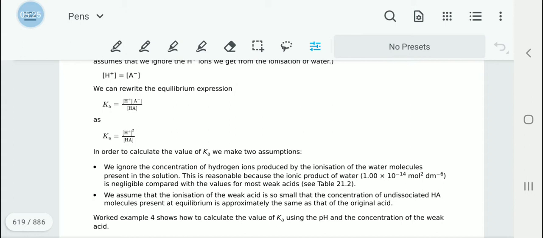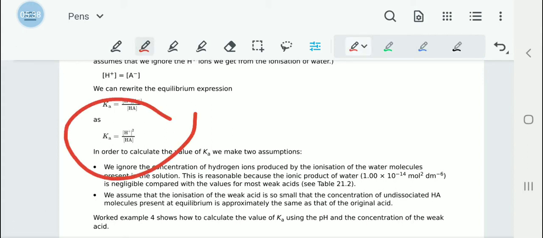Because H+ ion concentration is equal to A- ion concentration for HA, we get the equation Ka equals H+ ion concentration squared divided by HA concentration.